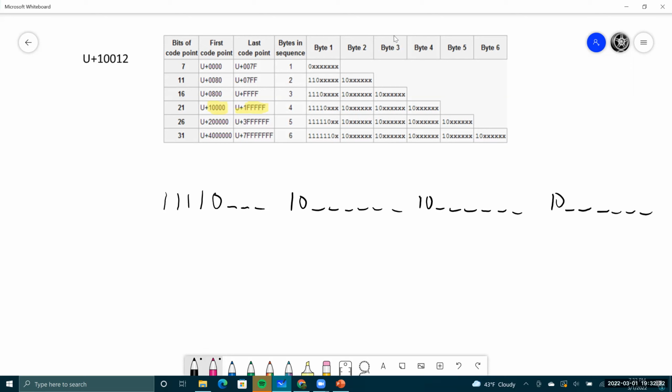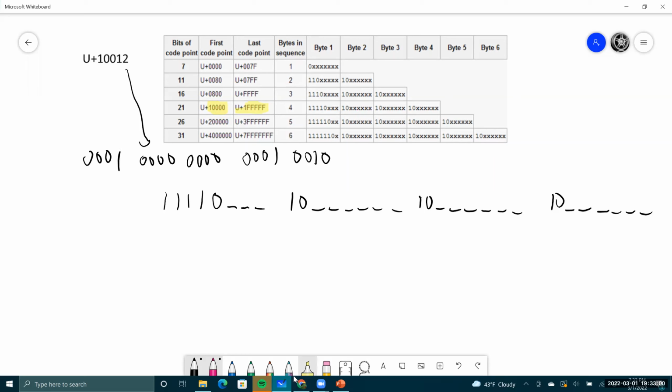Okay, so plugging this in, I actually will need more space, so let me move this over a little bit. This will be 0, 1, 0, 0, so that's 2. This is 1. I got 2 zeros and a 1.